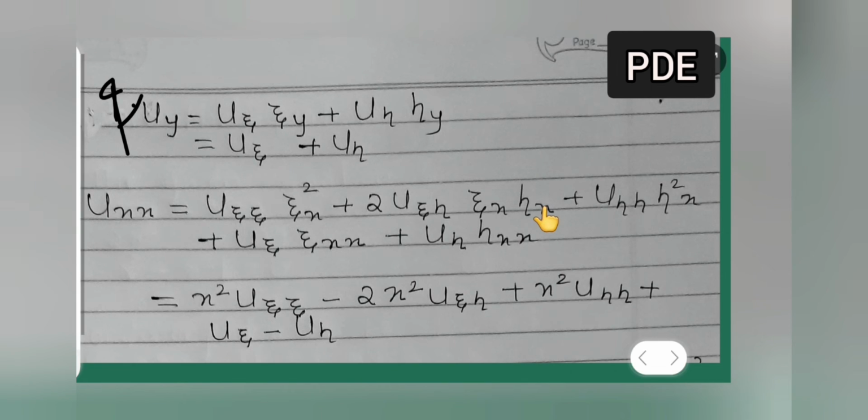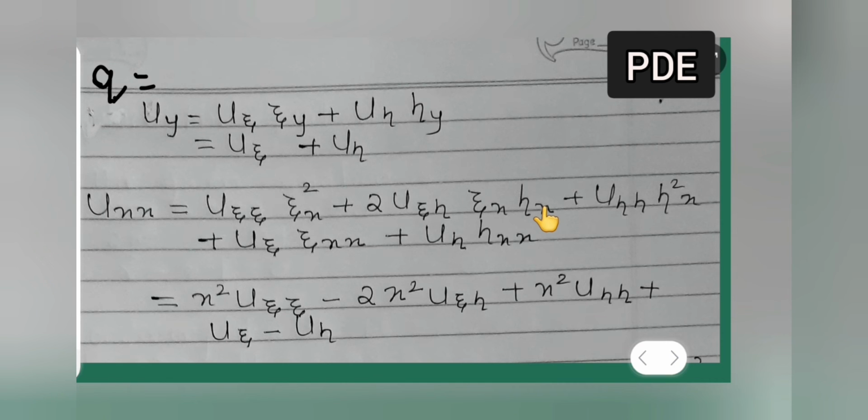Let me write down over here, so that q is equal to u_y, which is, sorry, let me rub this part.